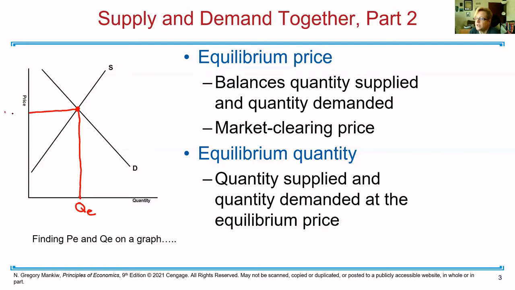Now, why I'm showing you this is because I want you to understand that the buyers that are actually active in the market, willing and able, are anyone that is above the price equilibrium. So all of this portion of the demand curve are active buyers. These individuals are not, because they are either unwilling or unable to purchase at the equilibrium price.